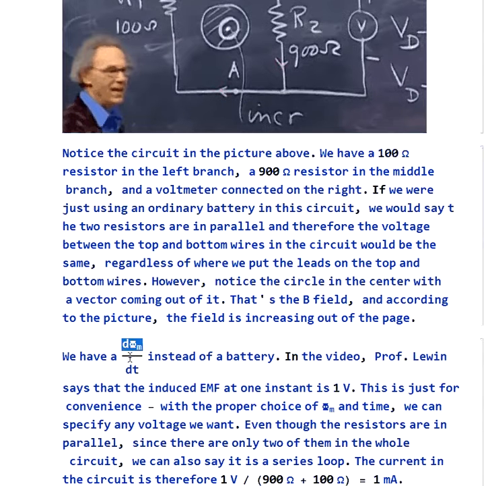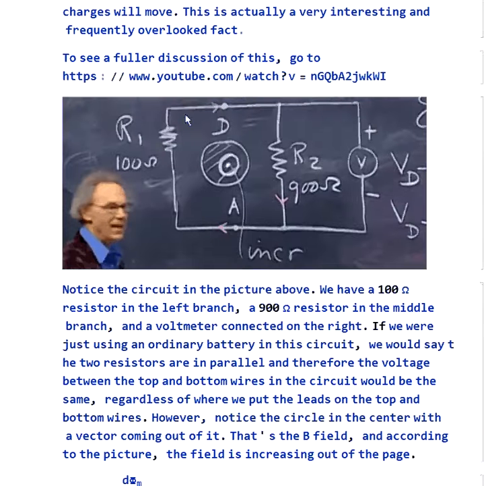So we have this EMF coming from d phi dt. Of course, we could specify the magnetic field and the area and how fast it changes and come up with whatever EMF we want. And he just said, let's say we do that and get 1 volt for our EMF. Now, we can say the resistors are in parallel here, but since they're the only two things, they're also in series.